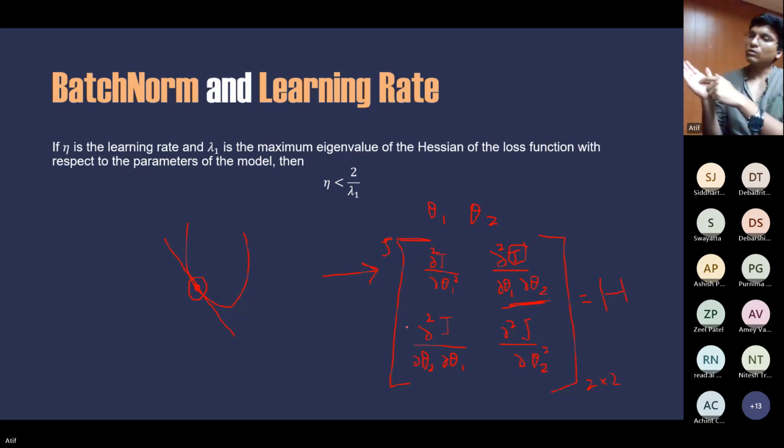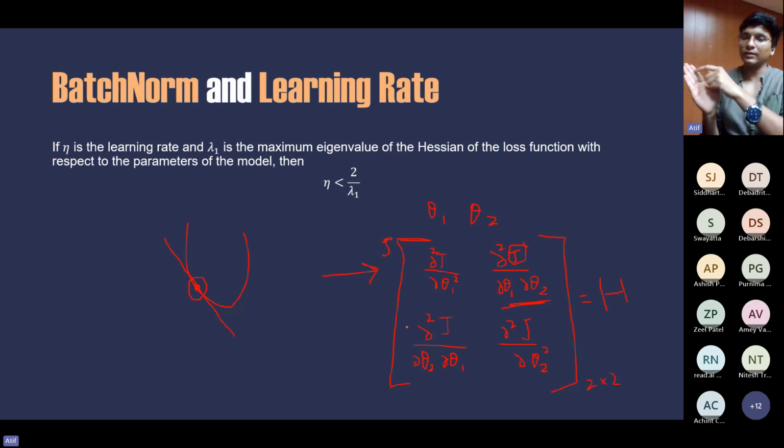So what batch norm does is, let's put aside batch norm for now. What happens is that during training, the learning rate eta needs to be less than 1 by lambda 1. This means that if you take a step larger than this 1 by lambda 1 value, and the surface is very sharp, then 1 by lambda 1 will be a very small value.